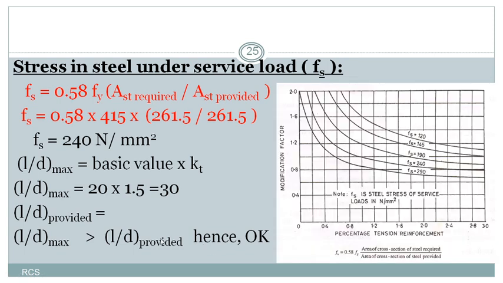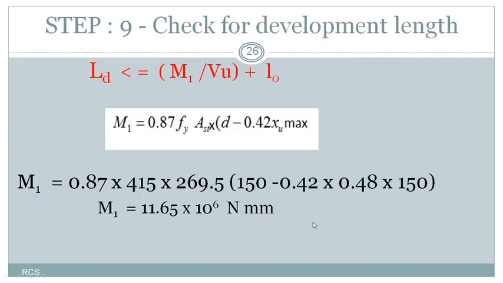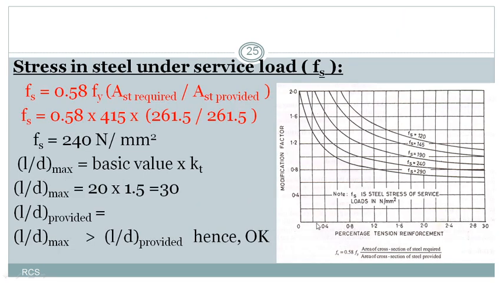For calculating L by D maximum, we want the modification factor value. This modification factor can be obtained from the percentage of tension reinforcement provided and the Fs value. The percentage of steel obtained is 0.25, which will be somewhere here, and our Fs value is 240. If you project onto the graph, it intersects somewhere here.